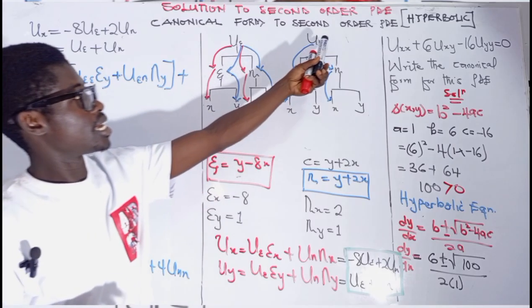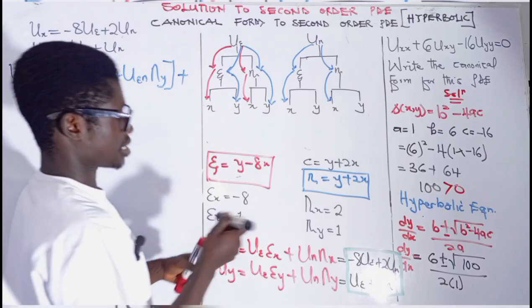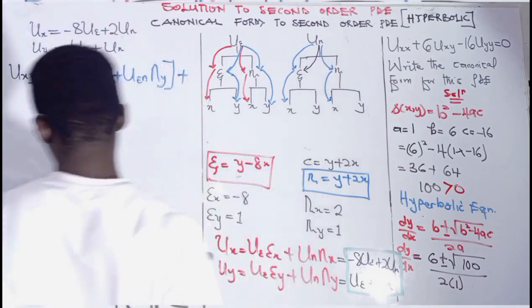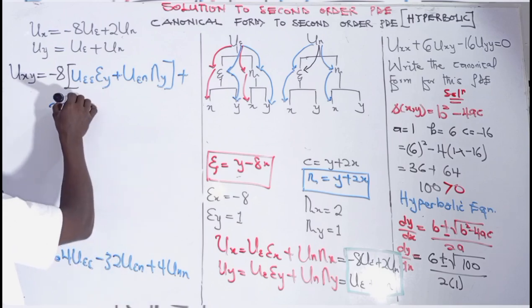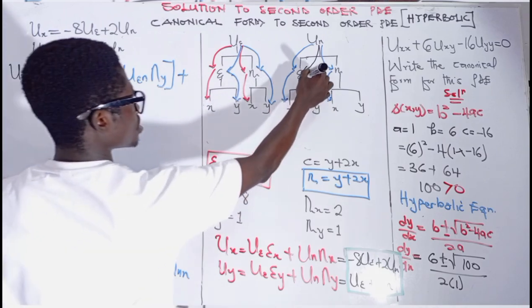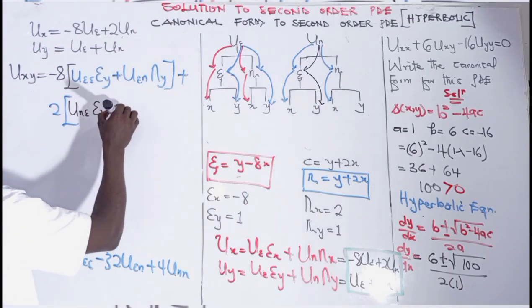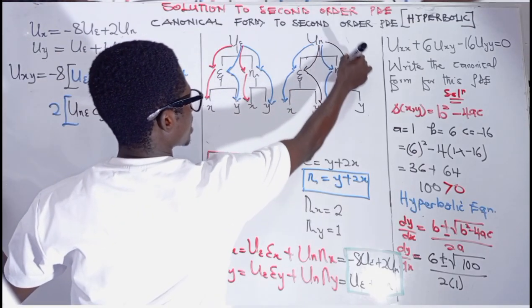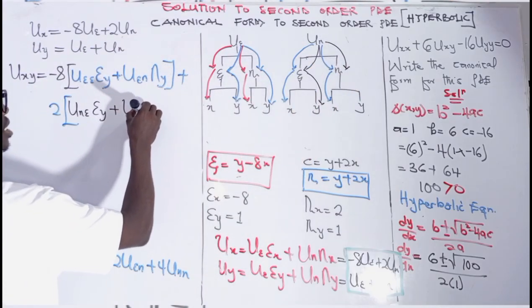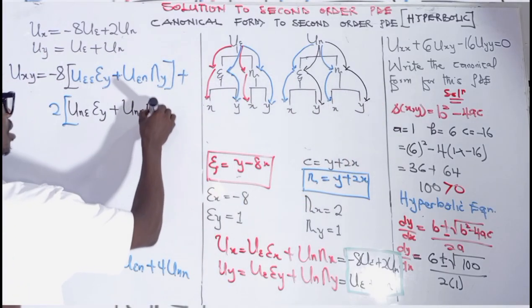So this is η, and we are going to take it with respect to y. So we have to move to the y part. So we have u_ηξ, then move to ξ_y, ξ_y plus u_ηη, η_y.